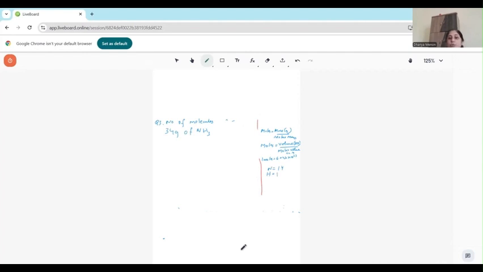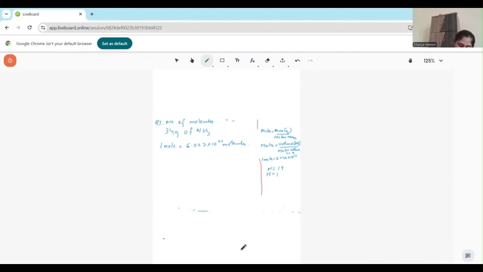You can find out the moles, right? But what they have asked is the number of molecules. So, we know one piece of information: 1 mole contains 6.023 times 10 raised to 23 molecules. This information we know, right?